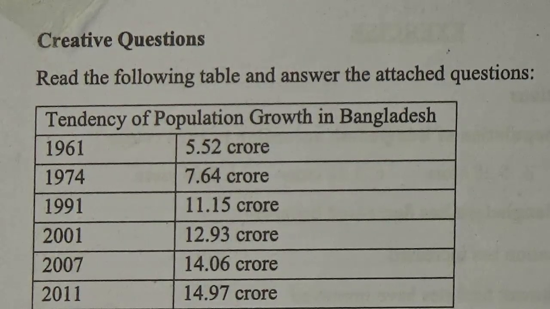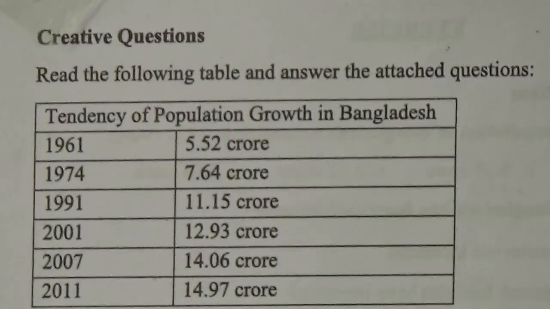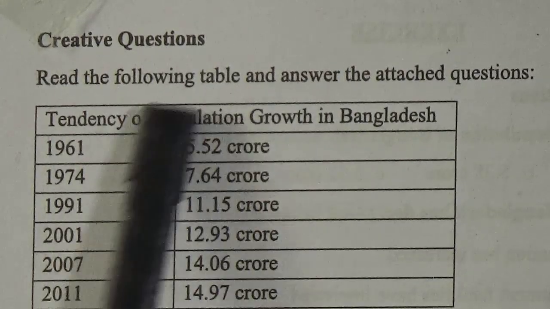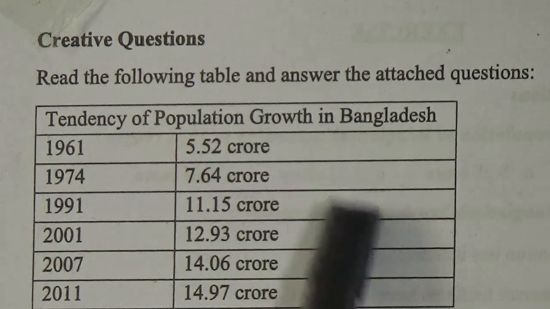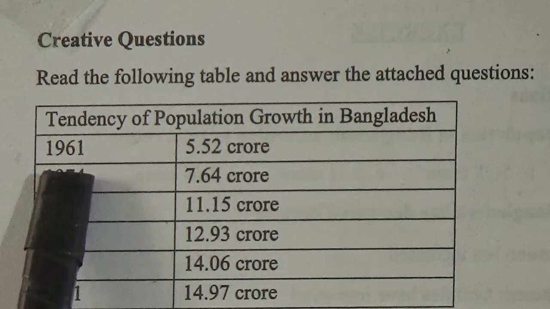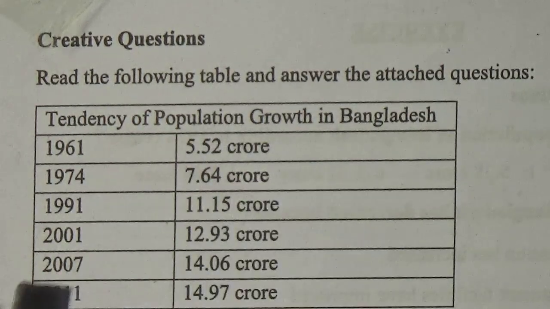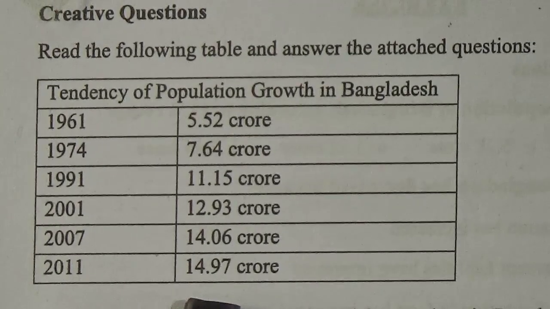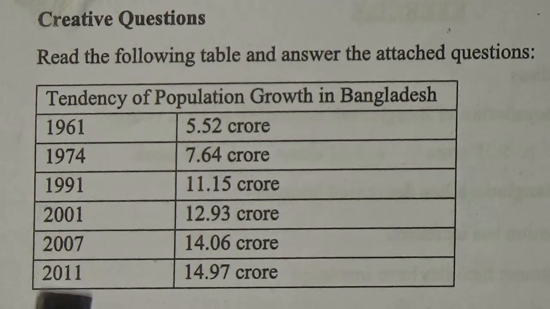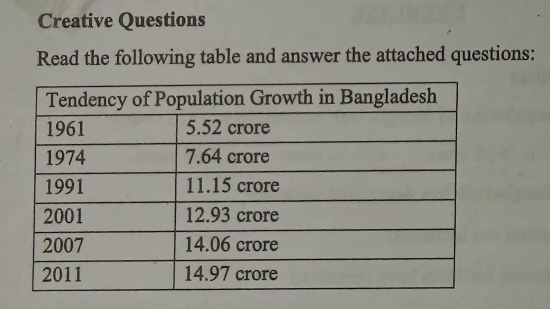If you look at 1961 and then 2011, you will see a vast difference in the population of Bangladesh. In 1961 the population was only 5.52 crore, and in 2011 it became 14.97 crore. That means almost 10 crore population was added by 2011.